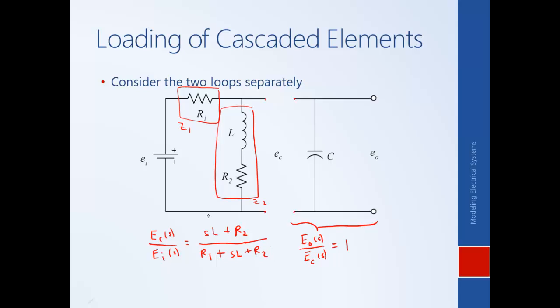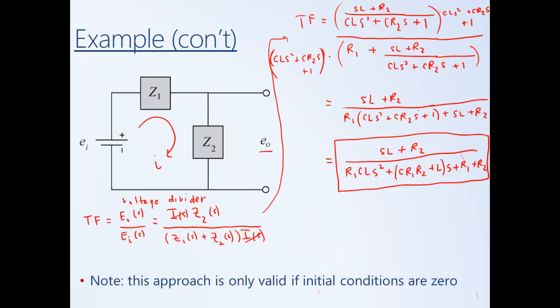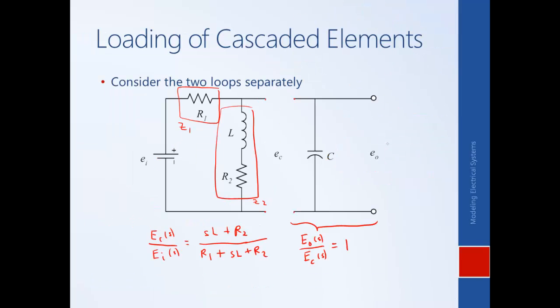If we multiplied these two transfer functions, we would not get the same expression as we had on the previous slide. So this was what we found for the transfer function EO of S divided by EI of S. In the past, we had made the assumption that transfer functions of systems in series multiply.